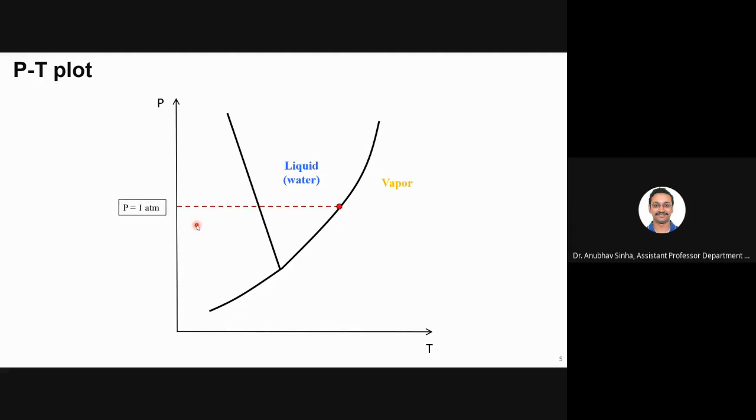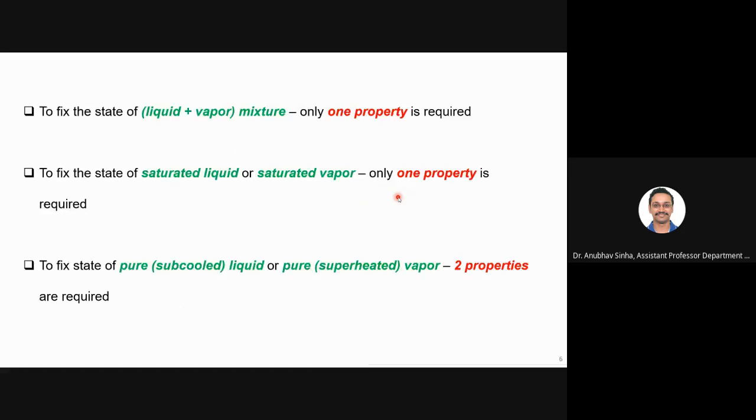So once you fix pressure, once I say that at 1 atmosphere I want to look into liquid and vapor interface or liquid and vapor equilibrium, then the temperature is definitely 100 degrees Celsius. So for property tables, let us summarize first. For a liquid plus vapor mixture, to fix the state means the minimum number of variables that can fix that state uniquely.